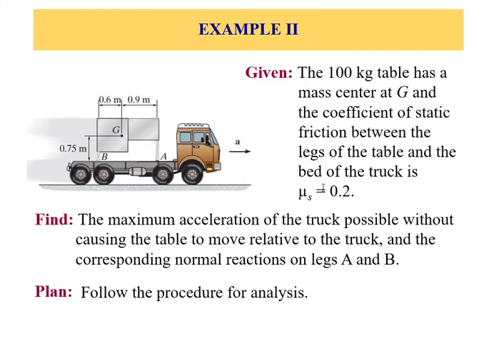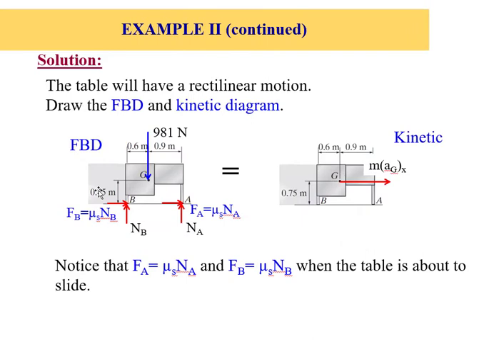In this example, we add friction, and again assume the direction of the friction force is opposite to the motion. So I'm just going to briefly show what's happening here.